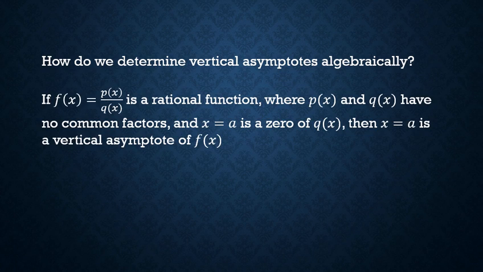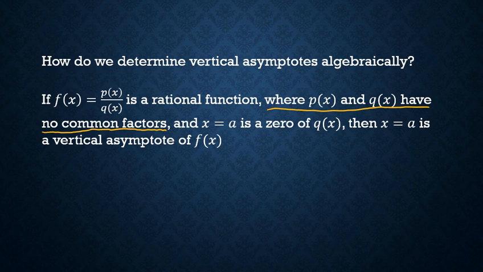If you have your rational function, p of x over q of x, where P and Q have no common factors. That is a very, very important piece of this statement to keep in mind.